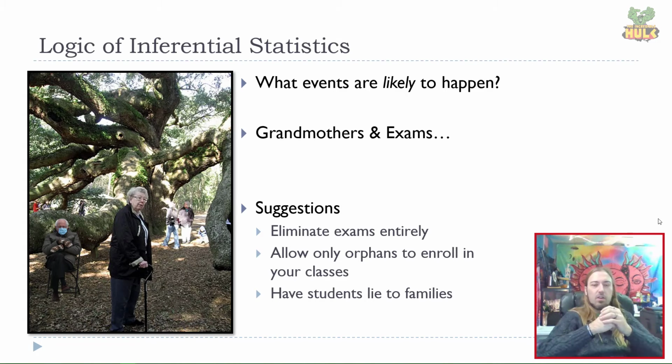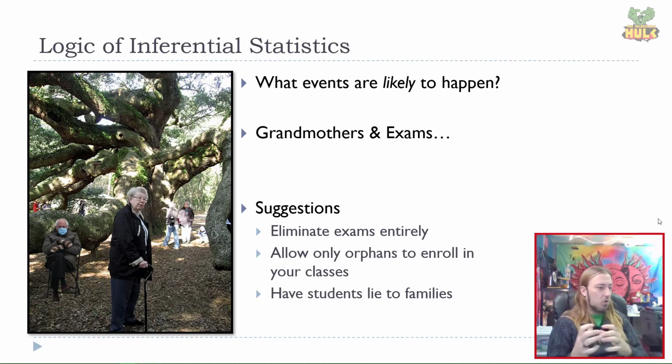Let's say there are only 18 grandmas in our class. Then we can easily calculate the probability that a grandma would die on any given day throughout the semester. What if, as we go through the semester, and professors frequently do find this in our anecdotal conversations, we compare notes, that oftentimes on examination days, or days in which large papers are due, grandmothers, and more so than grandfathers, die.